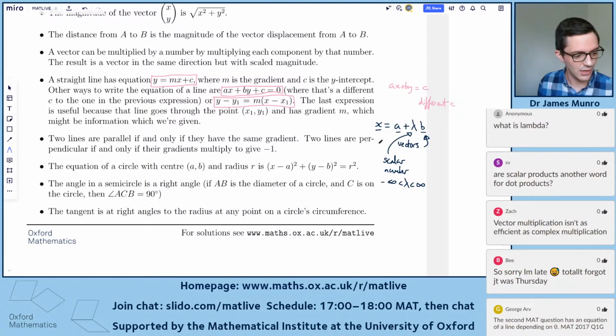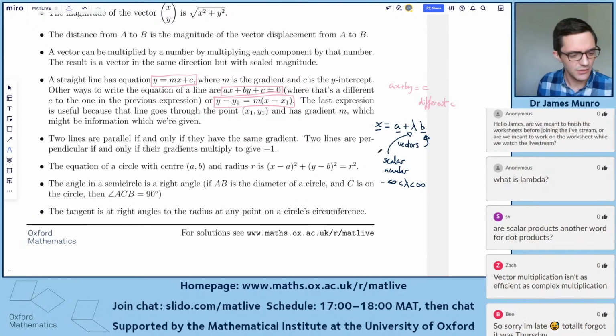Good. This is a good point that I've thought about quite a bit since we started doing these live streams. There's a question in chat. Are we meant to finish the worksheets before joining the live stream, or are we meant to work on the worksheet while we watch the live stream? And I reckon that some people are doing one and some people are doing the other. So I'm trying to make the live streams work whether you've looked at the worksheet or not.